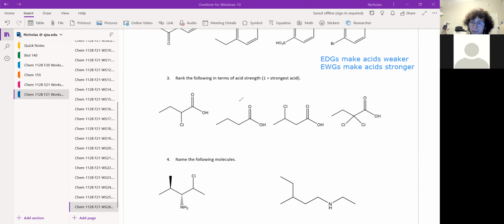This one is less about EDG versus EWG. It more has to do with the number of chlorines and where they are. That's the only difference between all of these. This one has no chlorines. Because it has no withdrawing groups, this one is the weakest, since withdrawing groups make acid stronger.